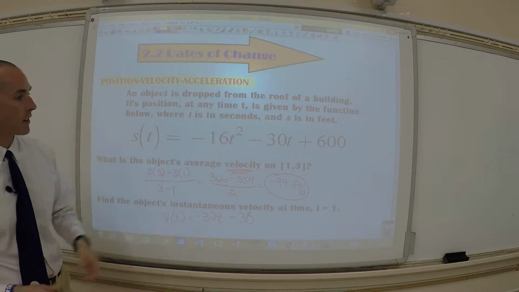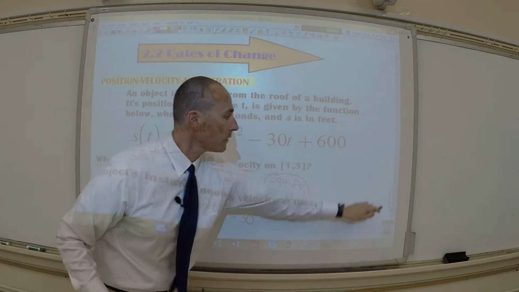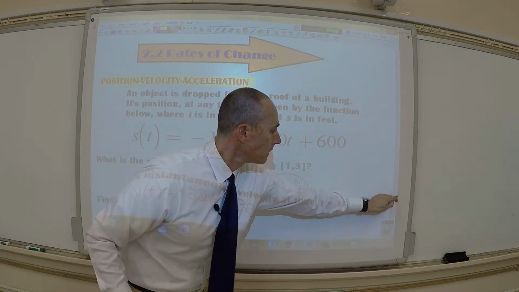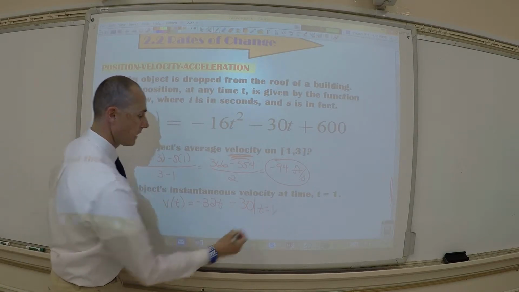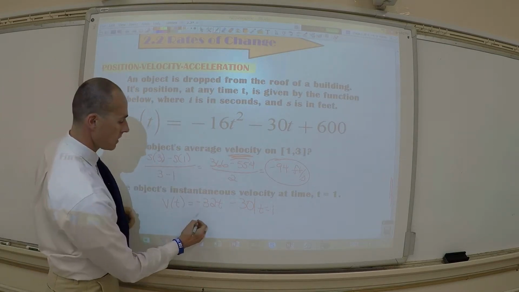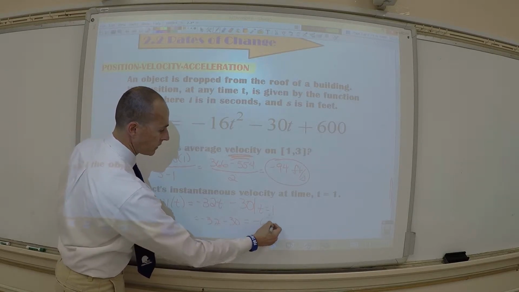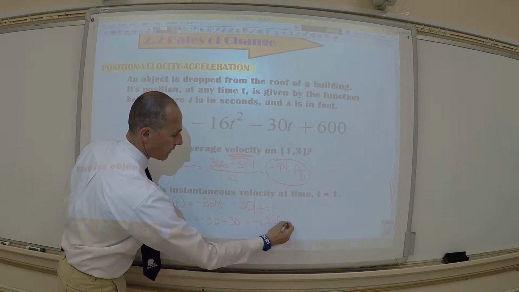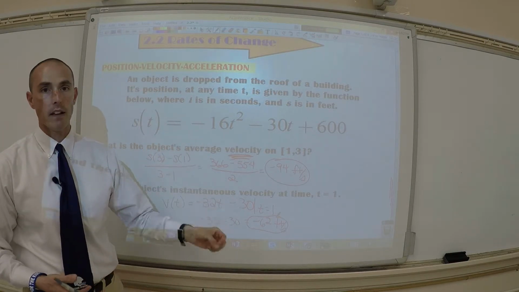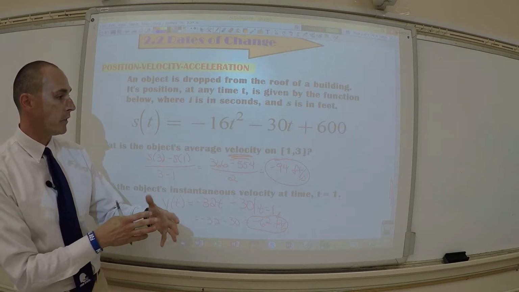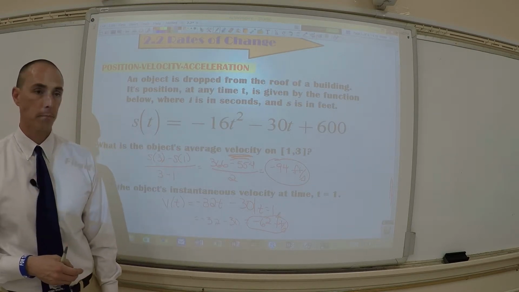Since they're asking us to find that velocity at a specific point in time, all we have to do is plug in 1. That gives me negative 32 minus 30, which is negative 62 feet per second. Again, that is the actual velocity of the object at that one moment in time at t equals 1. Obviously, if it moved to 1.2 or 1.3, the velocity would be slightly different.